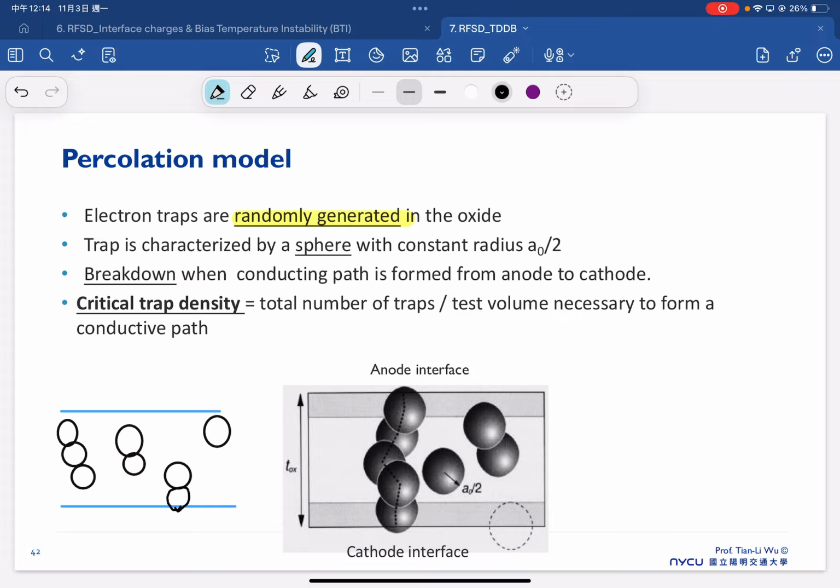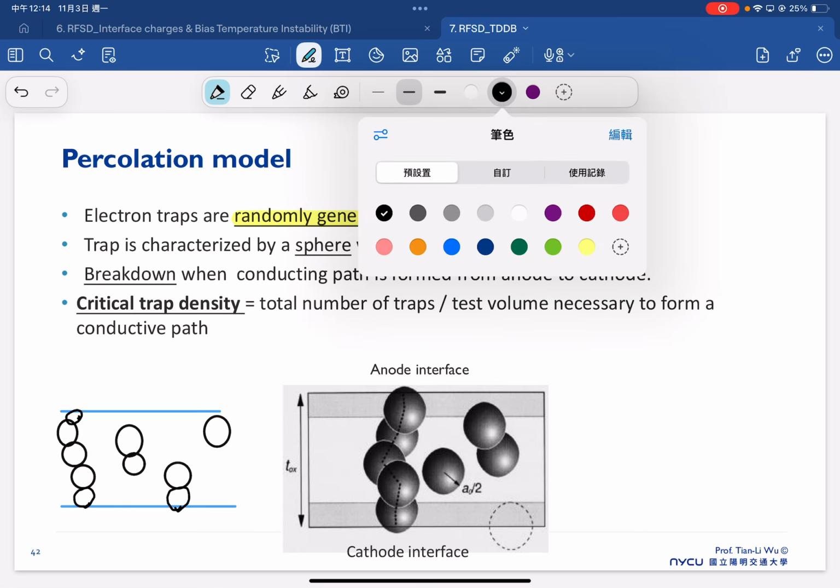Finally, given long enough time, there is a chance that the defects will be connected with each other and become one line from the bottom to the top.